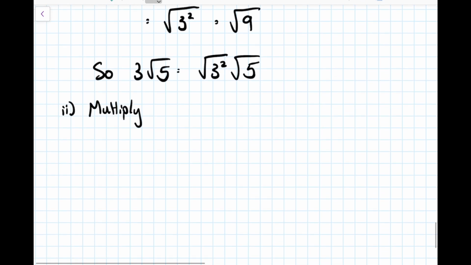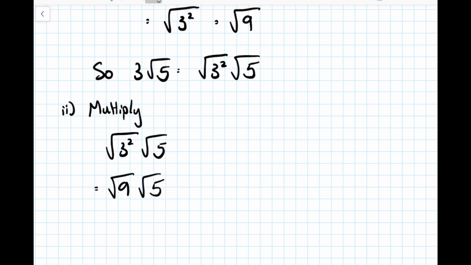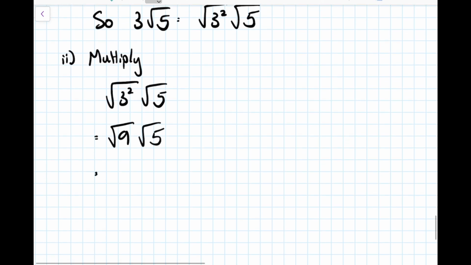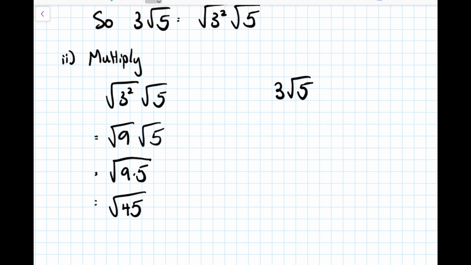So root 3 squared times root 5 is just going to become root 9 times root 5, which is root 9 times 5, which gives us root 45 as our answer. And that's way more time consuming than it actually needs to be. You can skip showing a lot of those steps. So really what you need to do is say, okay, root 3 squared times 5 is root 45. And that's really the process by and large.